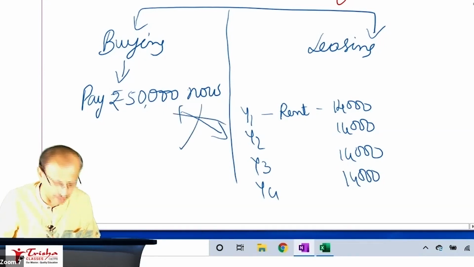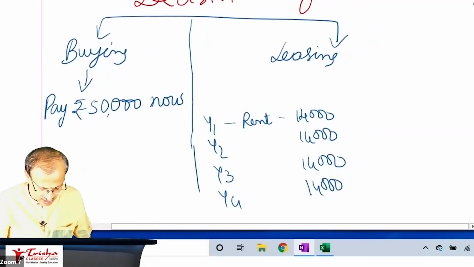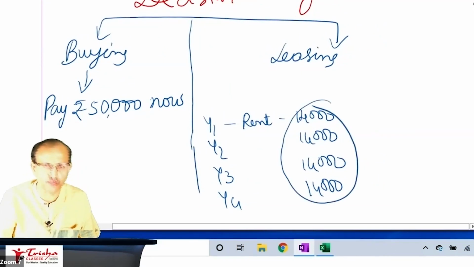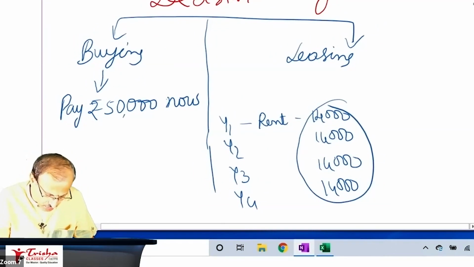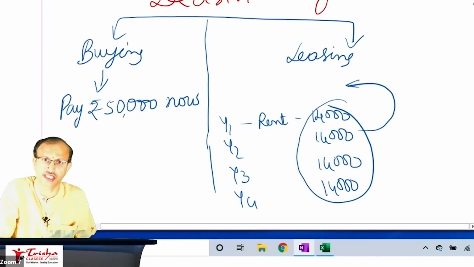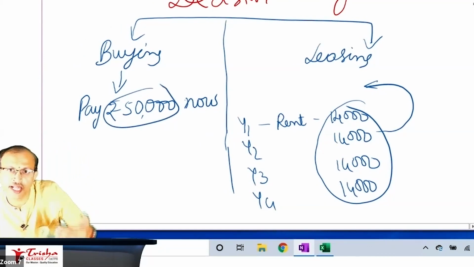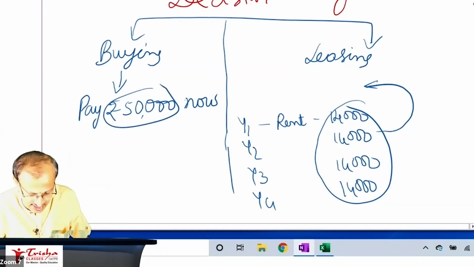No, I cannot compare, because one is now, one is in the next 4 installments. What is my first step? All these which you pay in the next 4 years, I have to bring back to the present. Why present? 50,000 you pay at present. Therefore, I have to bring present for comparison.